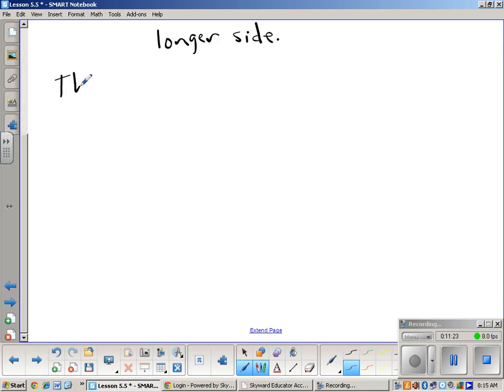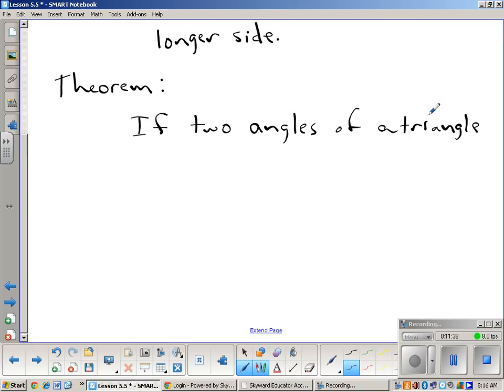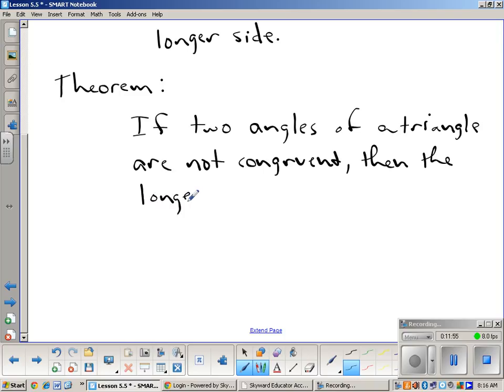We have a theorem that says if two angles of a triangle are not congruent, then the longer side lies opposite the larger angle.